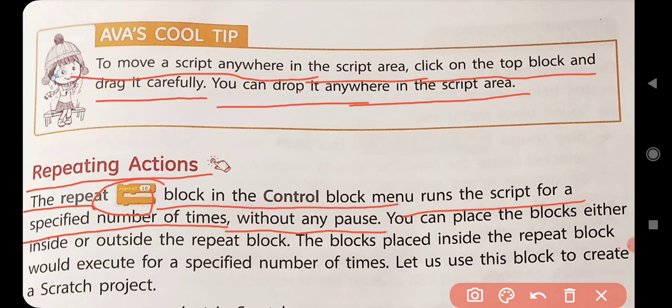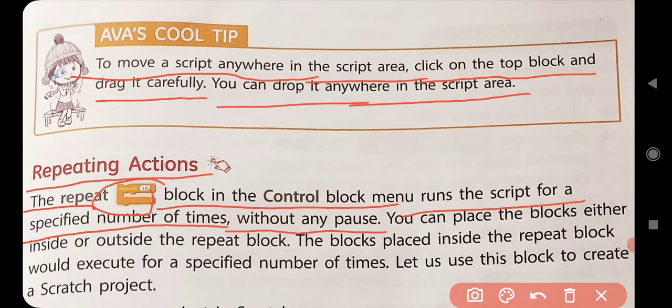I already told you that we have 10 categories of blocks, and the control block menu is one of them. The repeat block is used to run the script for a specified number of times, meaning you can repeat the blocks as many times as you want, without any pause or stoppage.